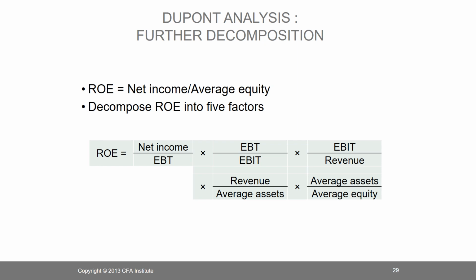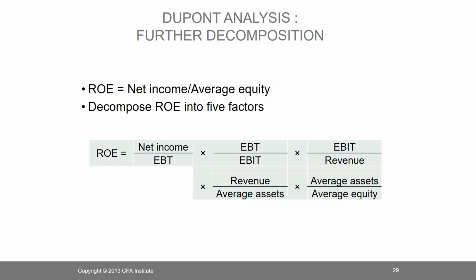The interest burden, or EBT divided by EBIT, captures the effect of interest on return on equity. Essentially, it reflects the percentage of pre-interest and tax profits the company keeps as pre-tax profits after deducting the interest expense. Lower borrowing costs increase return on equity, and higher borrowing costs reduce return on equity.